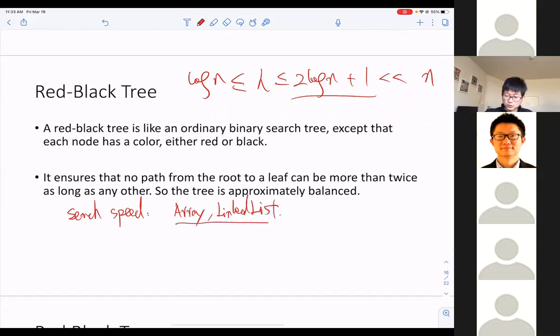These are the two most basic data structures that support search.